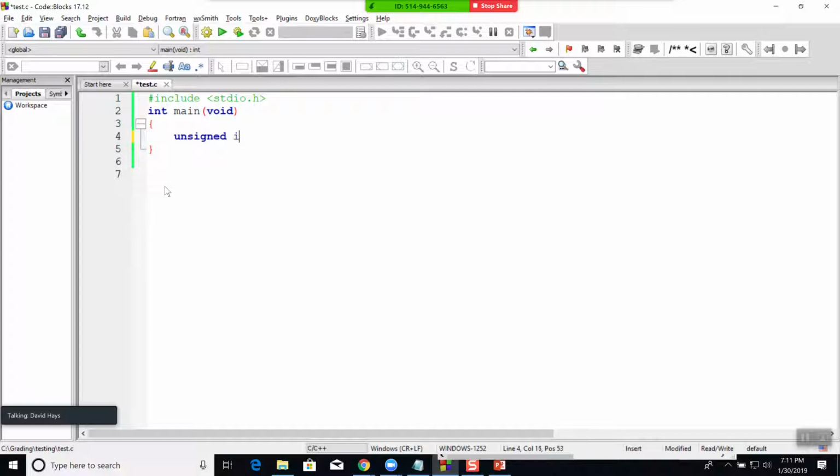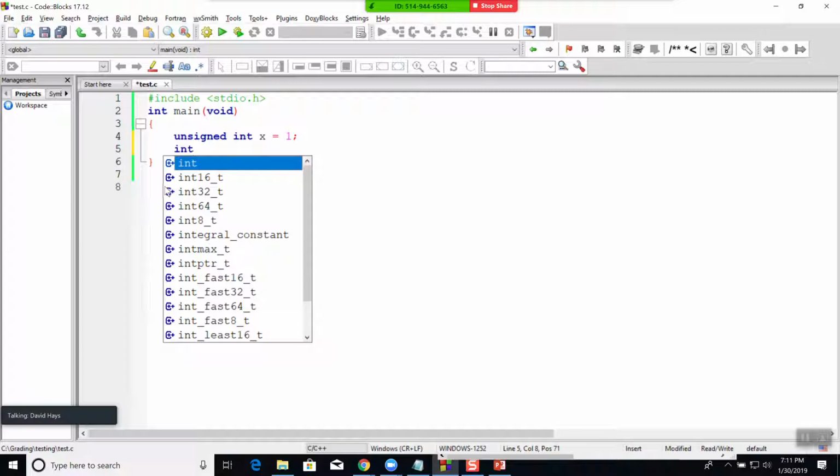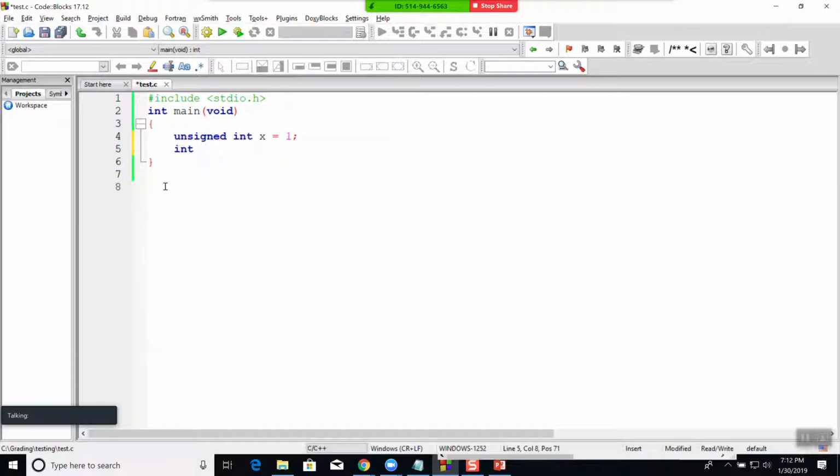And I'll use an unsigned integer, x. And I'll set that equal to 1 initially. Now, I want to add up all the numbers from 1 to 10. I think we did a similar example of that last time. Now let me multiply all the numbers from 1 to 10. Be a little bit different. Product is equal to 1.